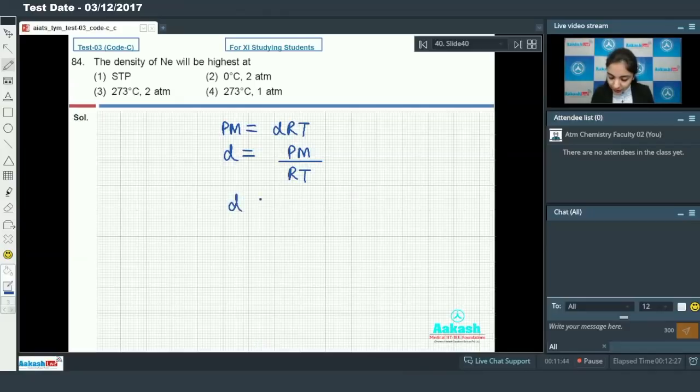So we can say that d is directly proportional to pressure and inversely proportional to temperature. It means we have to increase the pressure and decrease the temperature so that we can get the maximum value of density. So you can see in the second option, the pressure is highest, that is 2 atmosphere, and the temperature is lowest, that is 0 degree Celsius. So option number 2 is the correct answer.